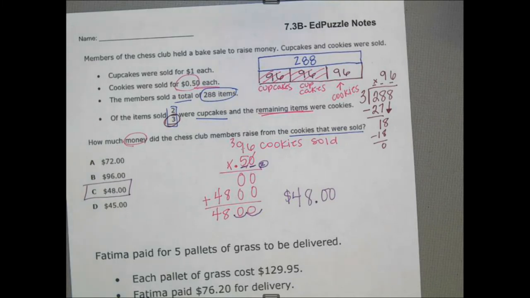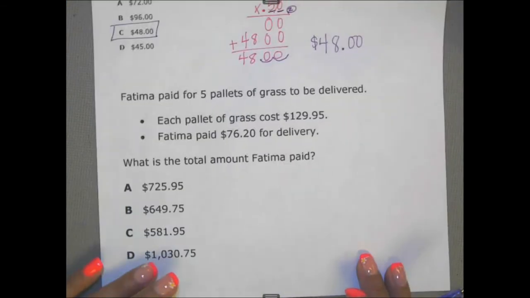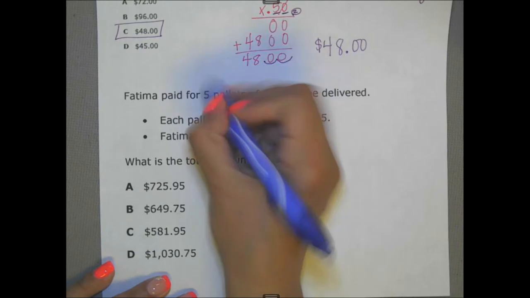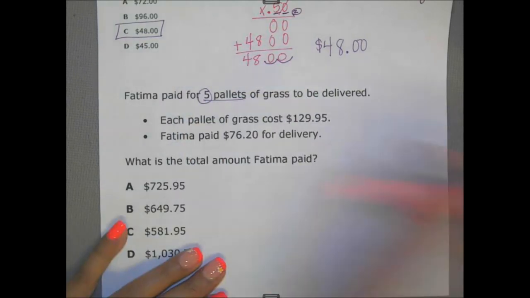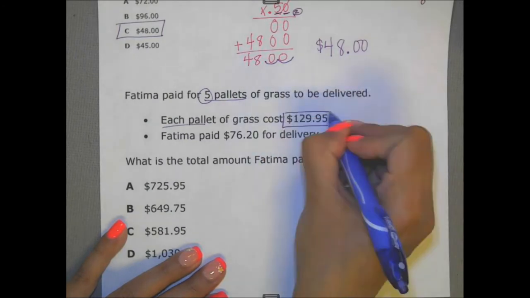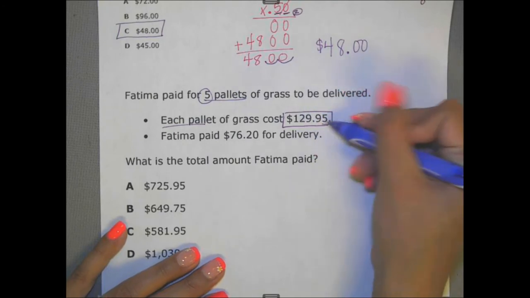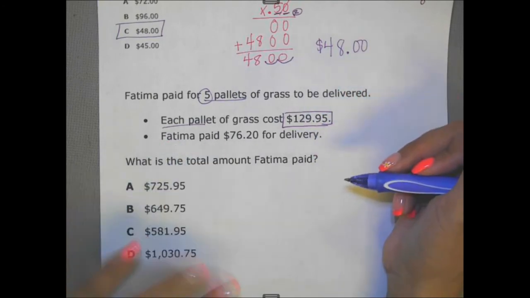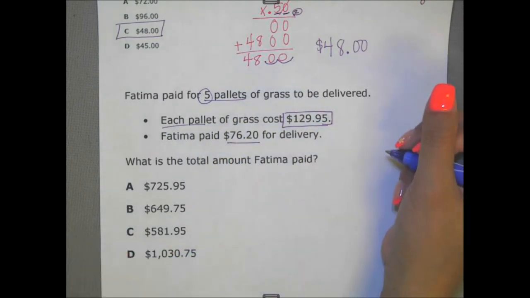The next problem we're going to do says Fatima paid for 5 pallets of grass to be delivered. Each pallet of grass costs $129.95. Fatima paid $76.20 for delivery.